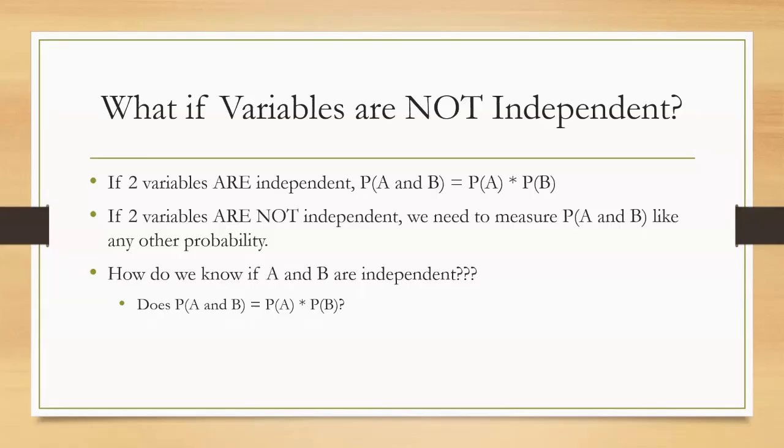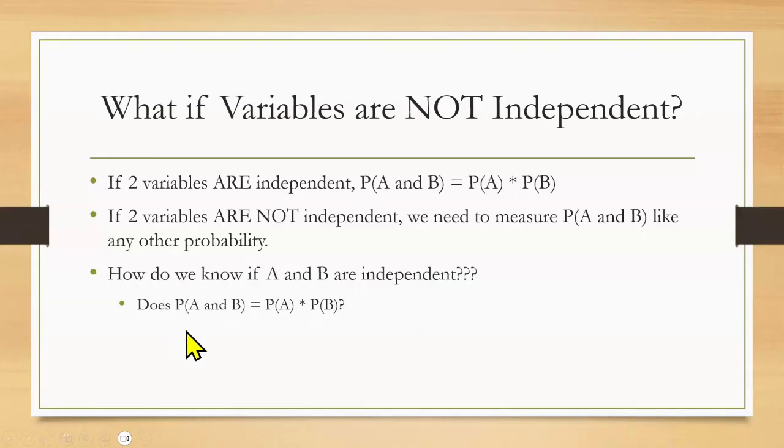In real world examples, not like dice and cards and things that really function like model probability devices, most of the time we are going to have to start by figuring out whether those two variables are indeed independent or not. So how do we know?